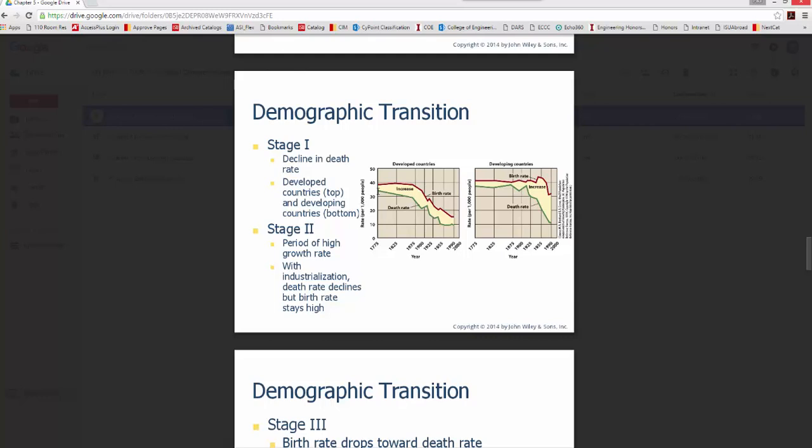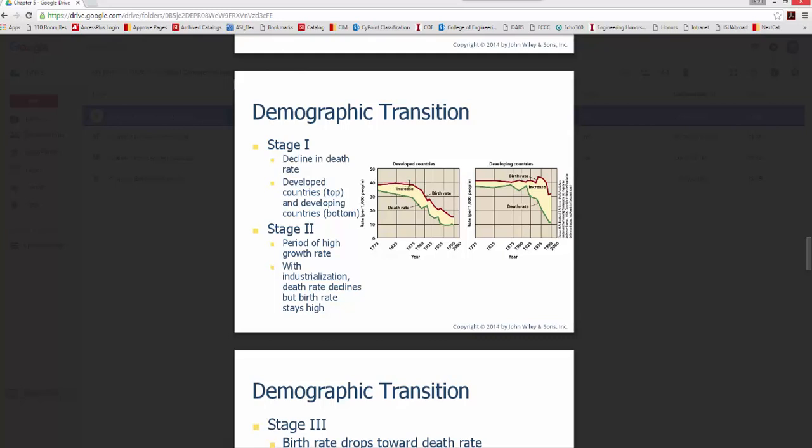You take the difference there, you're talking about a net gain per year back in 1775 of 5 people per 1,000 population. And so for developed countries, as we went through time, you see the gap between births and deaths begin to increase. And as the difference between birth and death grows, we begin to see an increasing population.